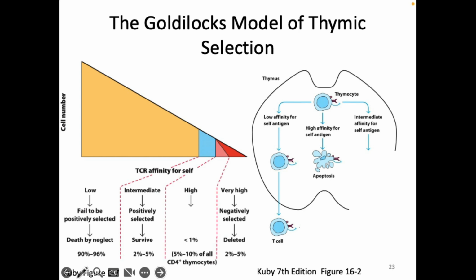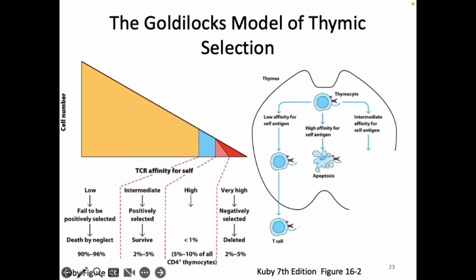It binds to some stuff. And we're going to keep that cell. We're going to positively select that cell. So this cell has to get at least some signal in the thymus, has to get a light signal in the thymus so that it can be positively selected. And so sometimes we say select the useful or keep the useful. And this is based on the cell getting a light, low signal in the thymus.